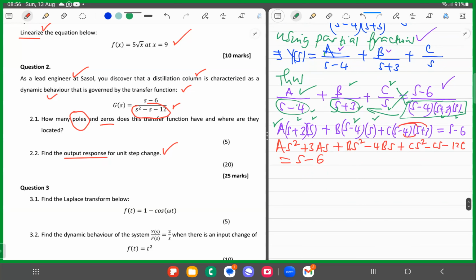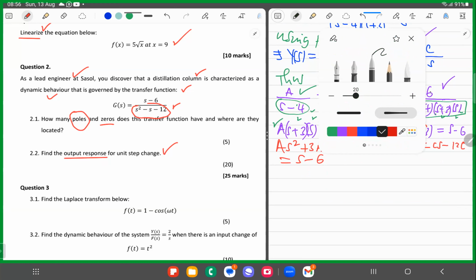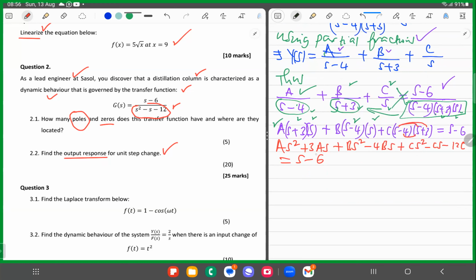So at this point, what are we getting? What we're getting at this point is the following. Let's group. So it's going to be A plus B plus C, because this quadratic has an S squared, and then we have S squared. We're just grouping the terms.